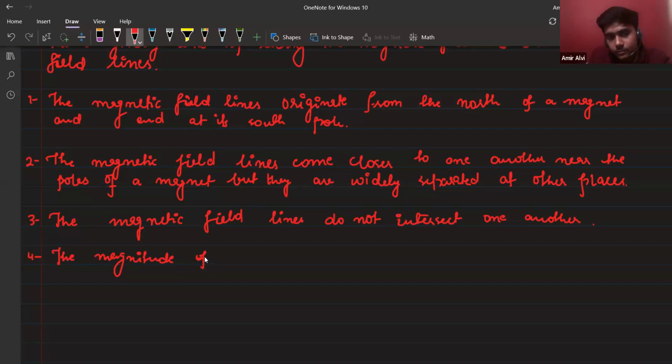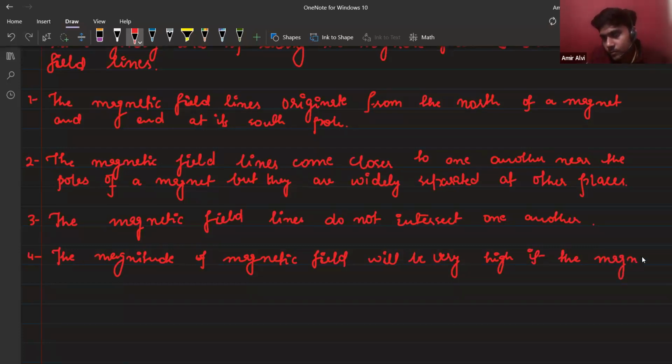Magnitude of magnetic field will be very high if magnetic field lines are closely crowded, you can say. I hope it's clear, dear. Yes, sir, it is clear.